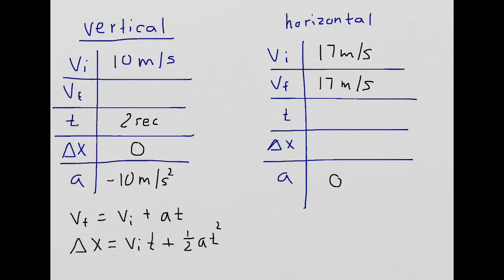So now I can find displacement with respect to the horizontal, just again by plugging into the second formula, this one right here. Okay, I'll do that on the next page.